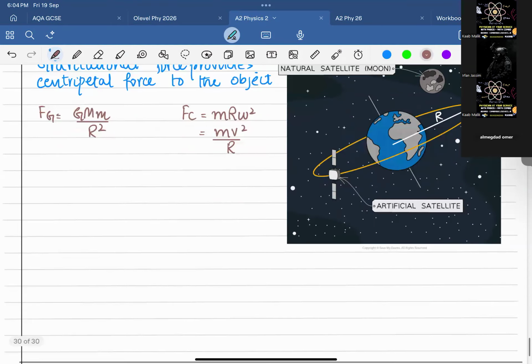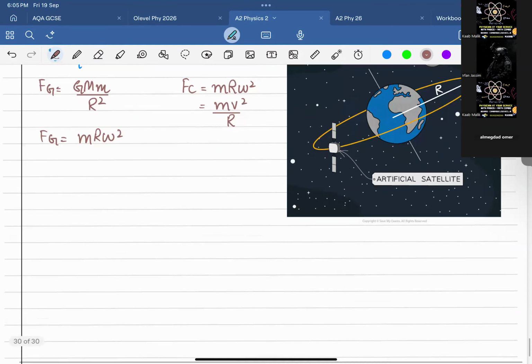We can say that Fg is equal to m r omega squared, because this is the only force providing the resultant force.